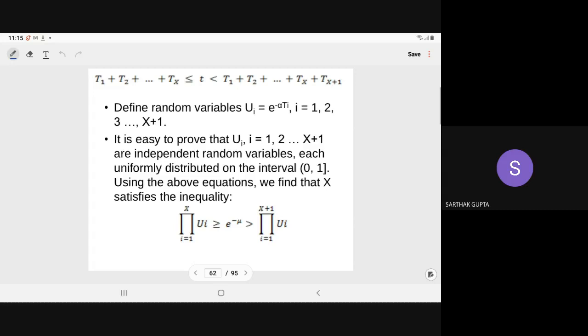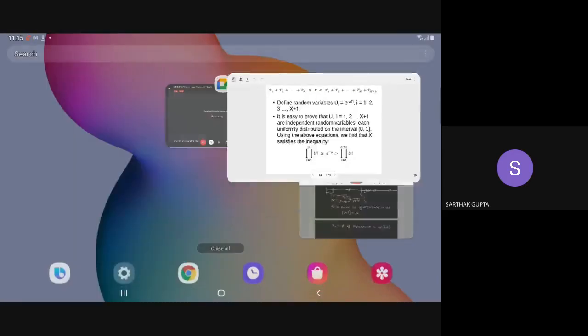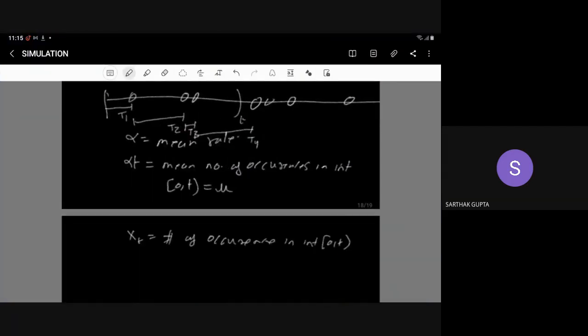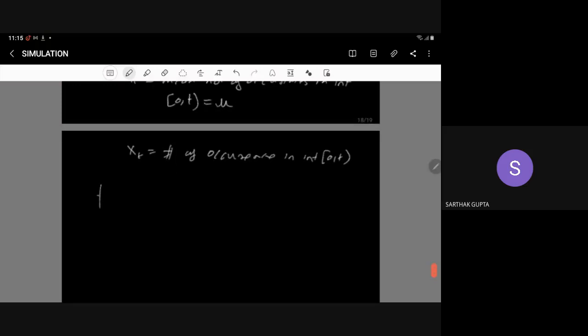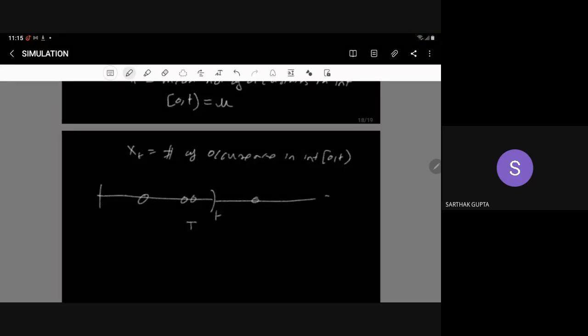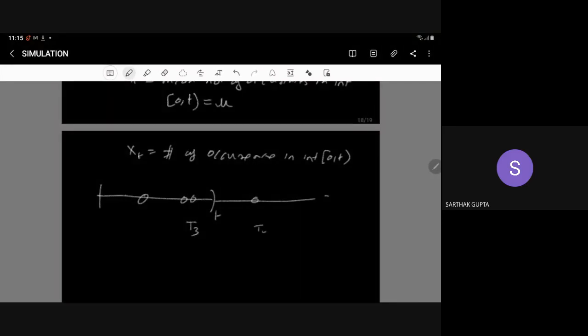So let's say this is the t, and here we have the occurrences. This is t3, and here we have t4. Here we have t2. Here we have t1.